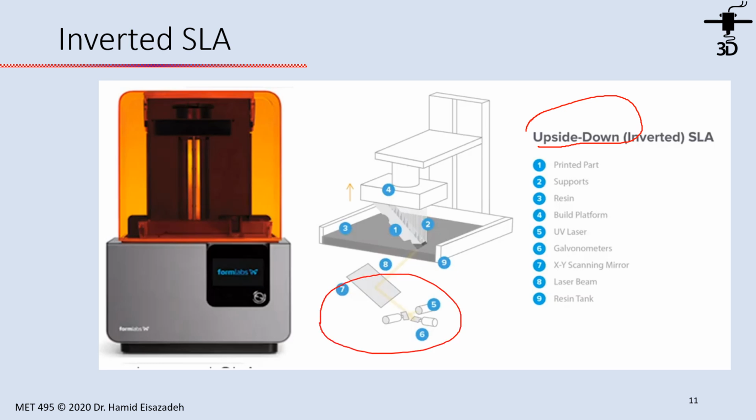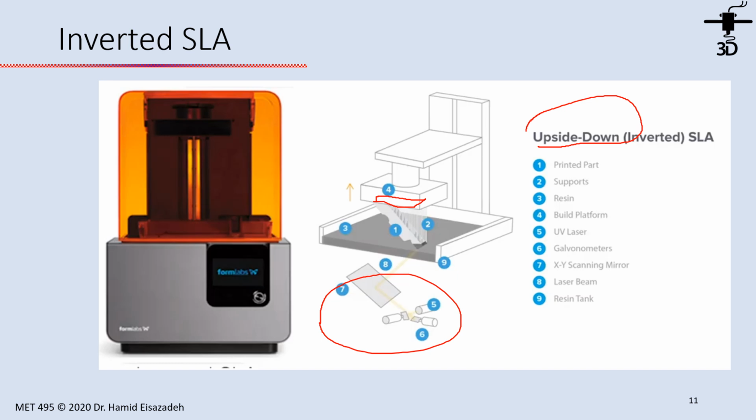They are located on the bottom of the resin, and the part can adhere to the window, this build platform, this area, and it will move upward. Remember, we should have careful management of that adhesion, because that can preserve the part quality.